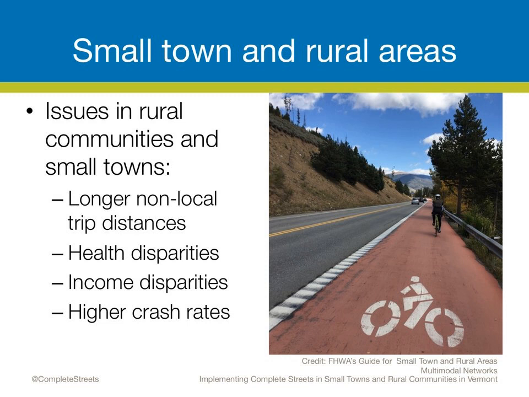There might be a bike lane. The corridors are spread out. In areas like Vermont, you're going to have these longer non-local trip distances. So you're trying to figure out how to connect people within a community, and then connect people from community to community.